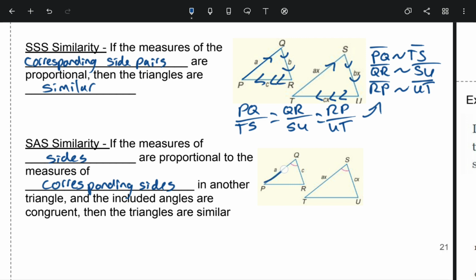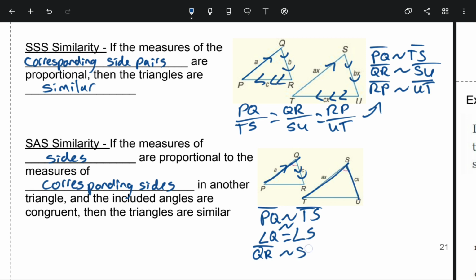So in this example here, we have PQ is similar to TS. Angle Q is congruent with angle S. And side QR is similar to side SU. That is enough information to prove the triangles are similar.